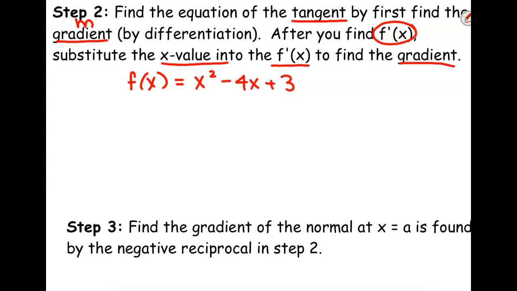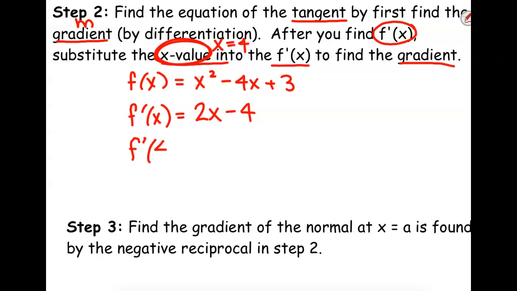And now we're going to find the derivative function using our power rule. So there's our derivative function. Now we're going to substitute the x value, which remember that x value was 4.